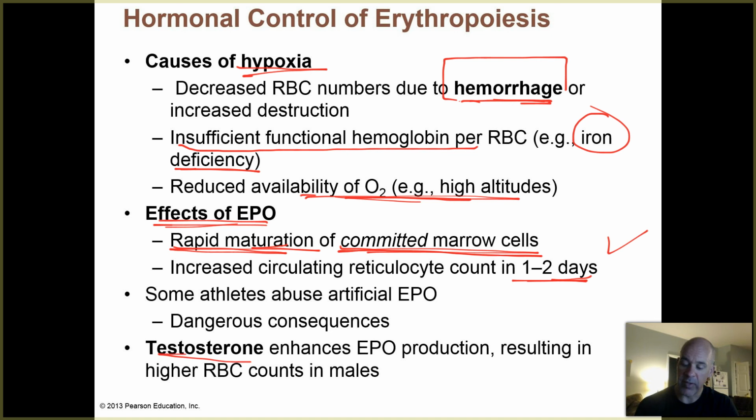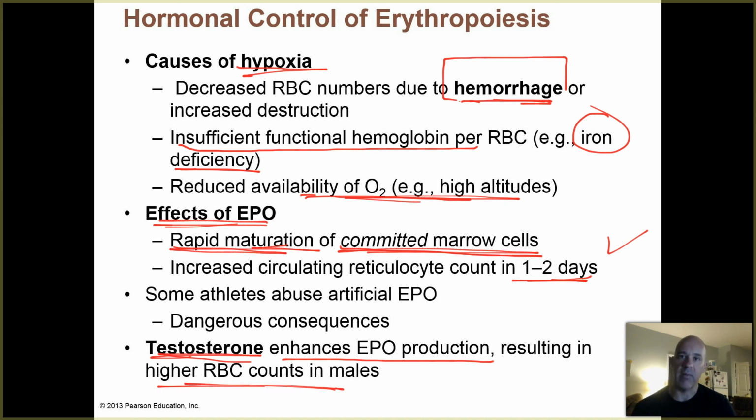Testosterone, the male sex hormone, enhances EPO production, so the kidneys and the liver will crank out more of it in a male than they will in a female, and that's considered to be one of the main reasons why males have higher red blood cell counts.